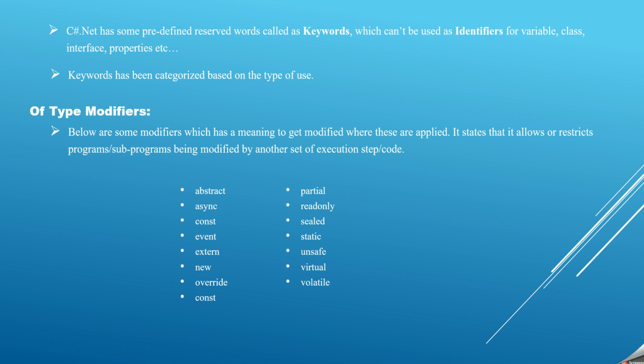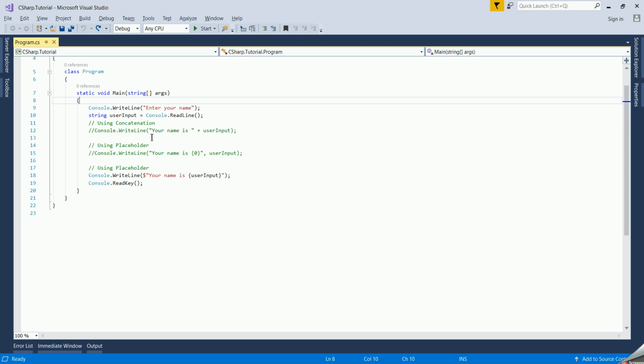Here you can see partial is one kind of modifier which allows a class to be declared in multiple files. Let me show you in Visual Studio. Here we have a class inside program.cs.